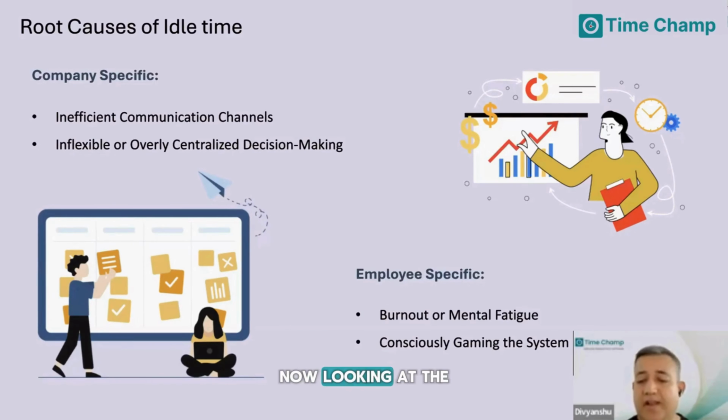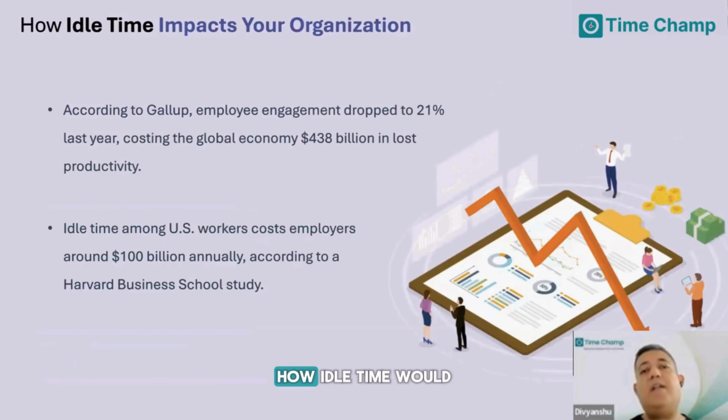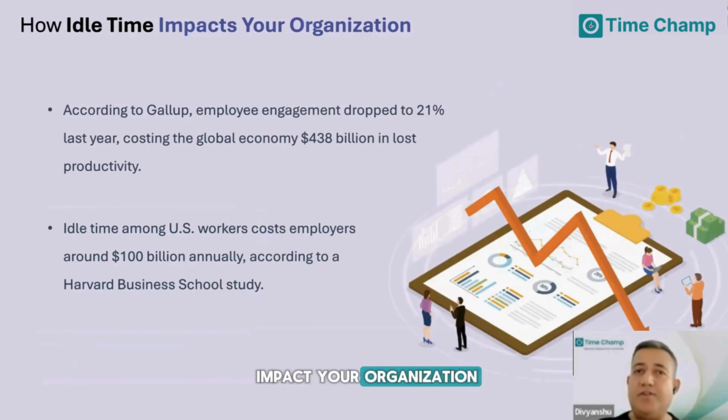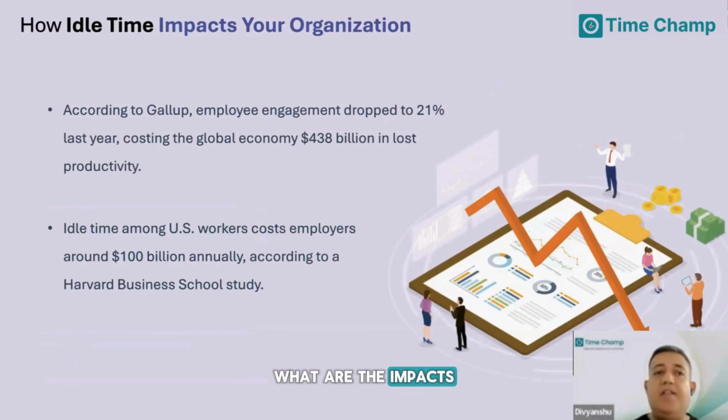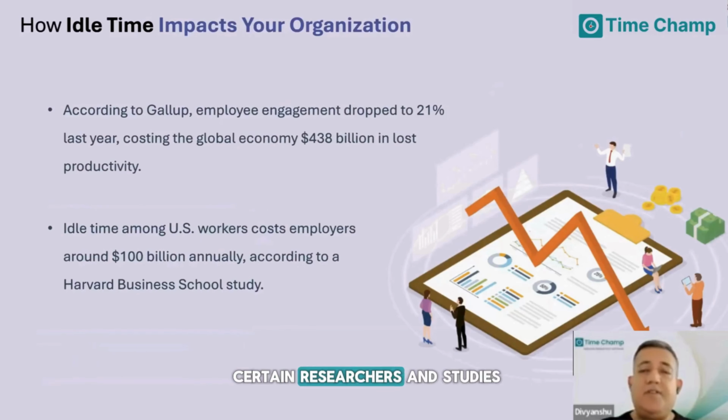Now, looking at the next thing: how idle time would impact your organization. What are the impacts? According to certain researchers and studies, according to Gallup, employee engagement dropped to 21% last year, costing the global economy $438 billion in lost productivity. Just imagine that.